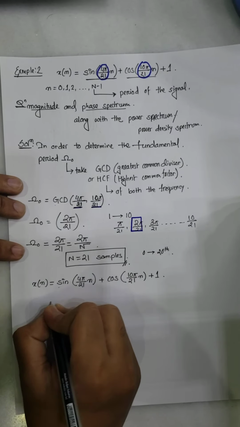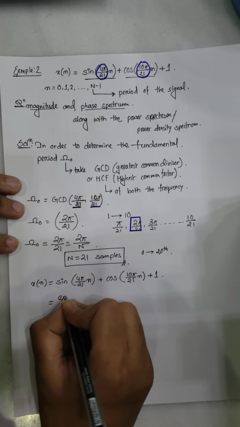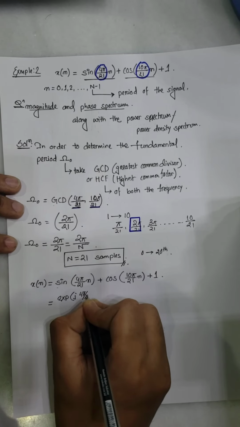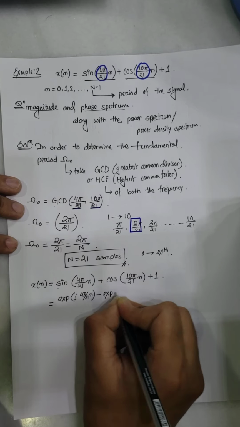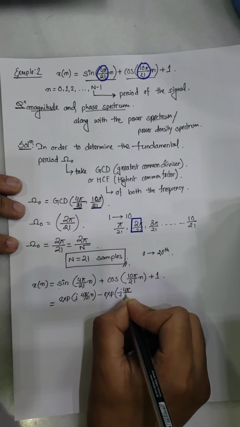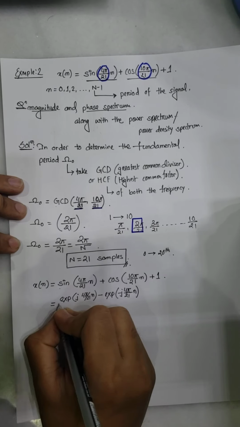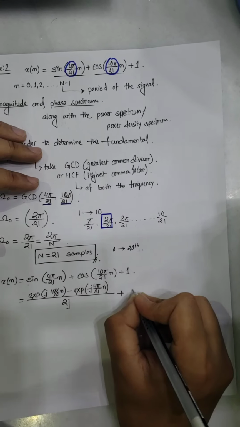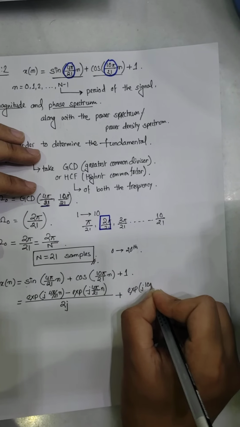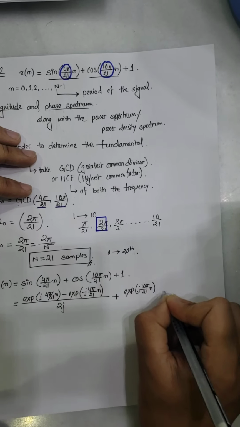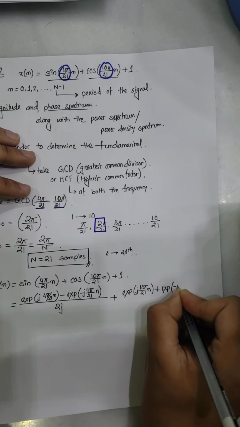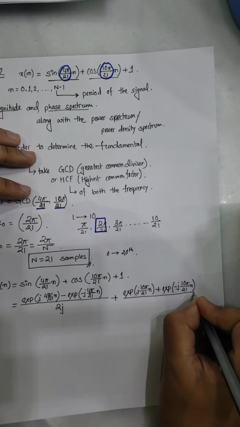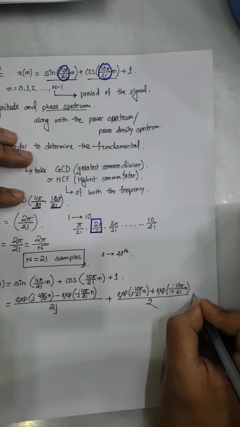These two terms can be expanded using Euler's relation as such: e to the power j 4 pi over 21 n minus e to the power minus j 4 pi over 21 n over twice j, plus, for this cosine term, we get e to the power j 10 pi over 21 times n plus e to the power minus j 10 pi over 21 times n over 2, and the 1 remains as it is.